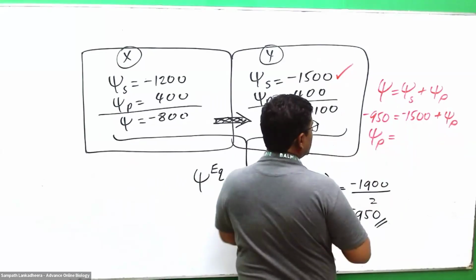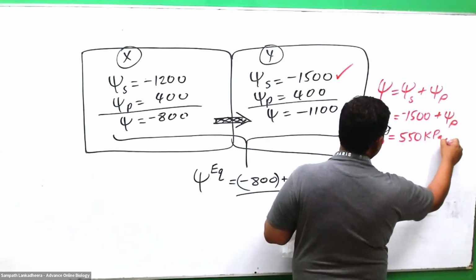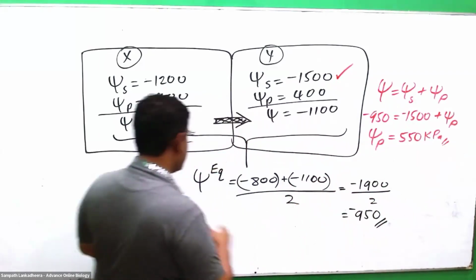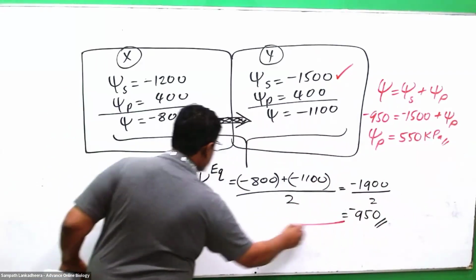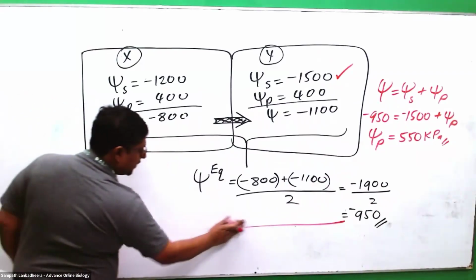So psi P is 550 kilopascals. Same like that for the other cell. Since you know the equilibrium water potential, you can apply it here.